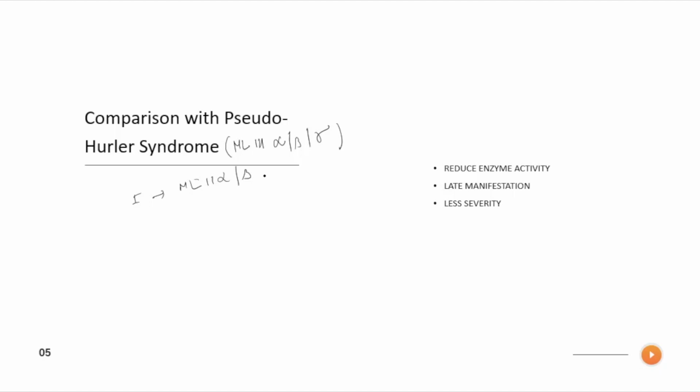So the presentations are less severe and even late, and life expectancy is also higher compared to I cell disease. Patients with pseudo-Hurler often survive until adulthood, whereas I cell disease patients mostly die in their first decade of life. This is how we can differentiate I cell disease from pseudo-Hurler syndrome.